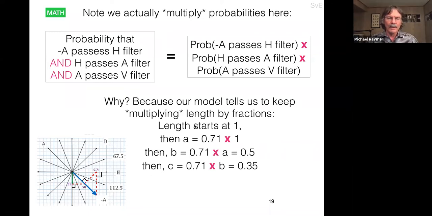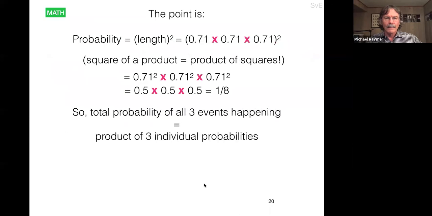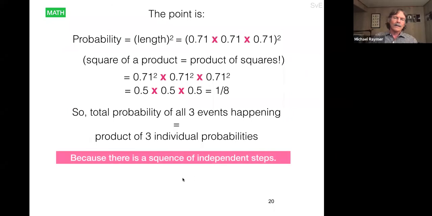I just want to have it really, clearly written out in words for you. So in that case, the total probability of all three events happening, namely going through all three polarizers, is the product of three individual probabilities. That's because it's a sequence of independent steps.